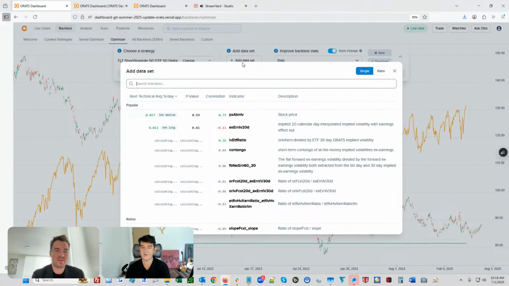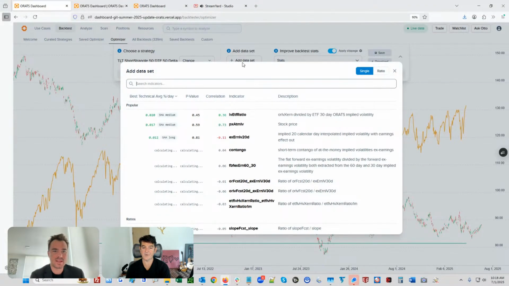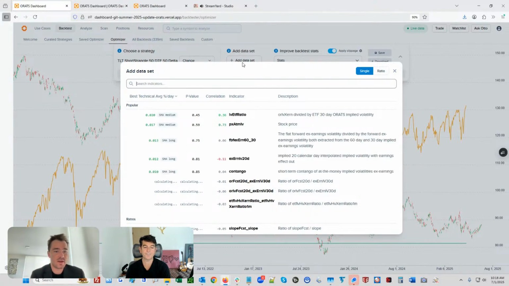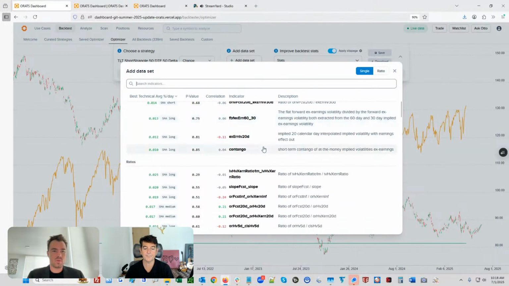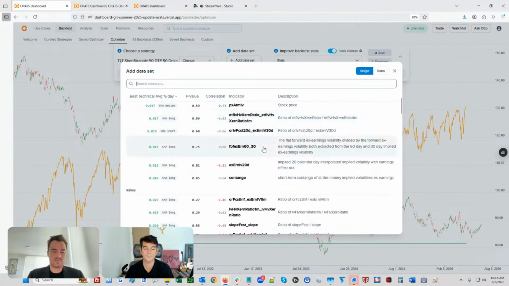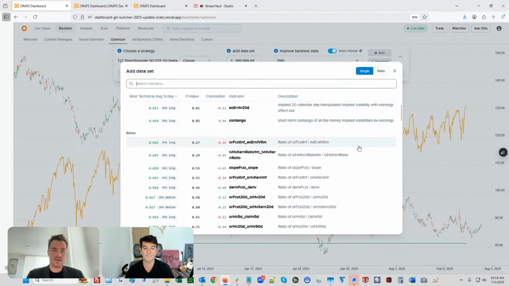So when the p-value is, let's say, 0.1, that means it has a 10% chance of having a random effect on the backtest, which is good, because that means that 9 times out of 10, that's a really strong indicator that isn't random. So you want to look for a p-value that's lower than 0.1. Ideally, the lower the better.